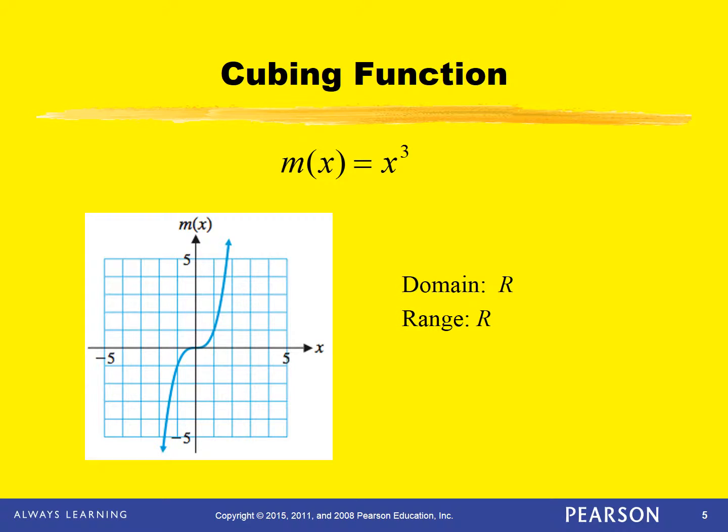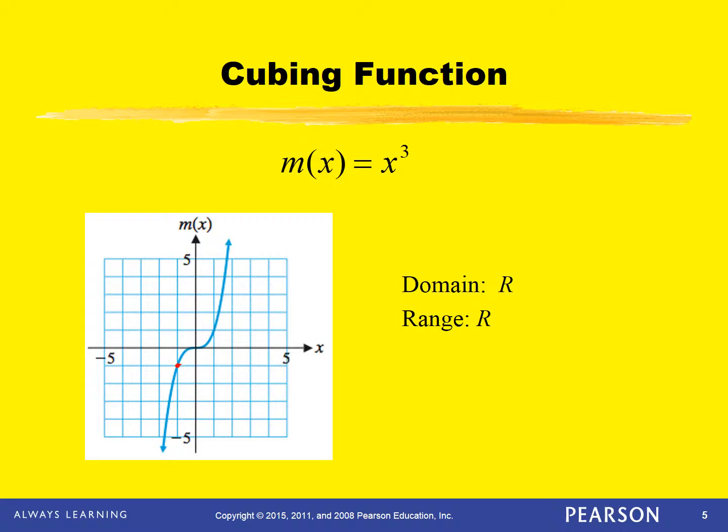Cubing function behaves like the squaring function for positive values of x over on the right, but for negative values of x, it does extend below the x-axis, because the cube of a negative number, if you multiply a negative number by itself and then by itself again, is a negative number. And so we get, for example, points like (-1, -1).